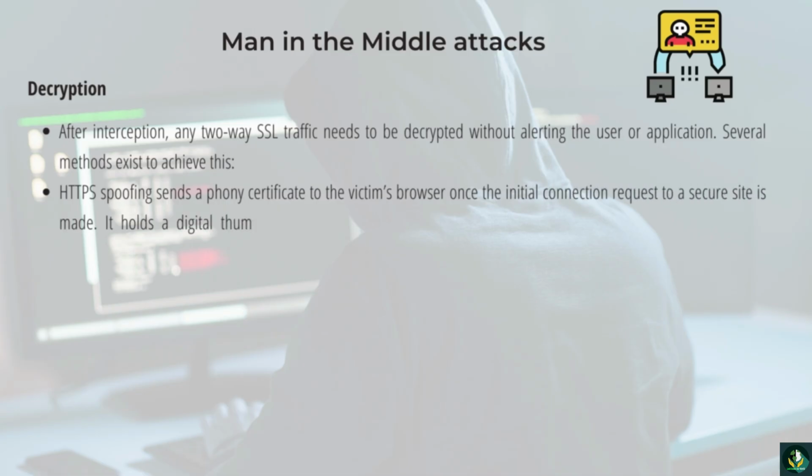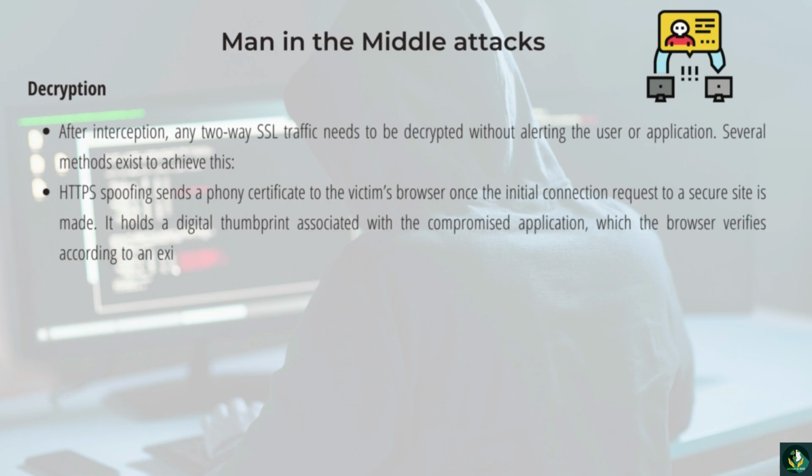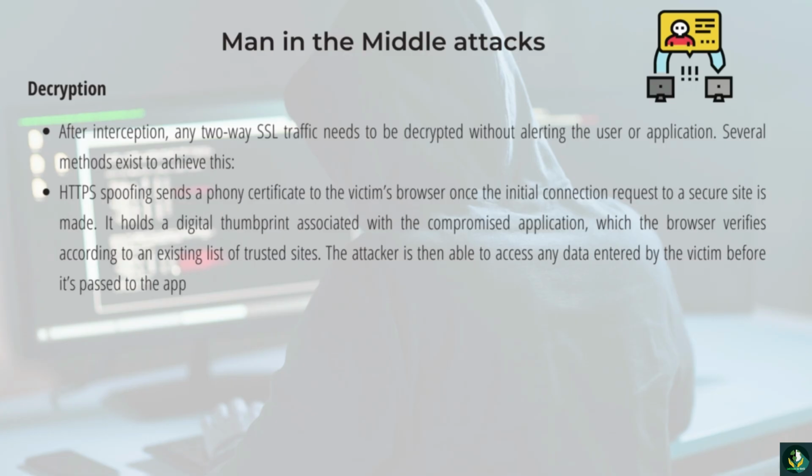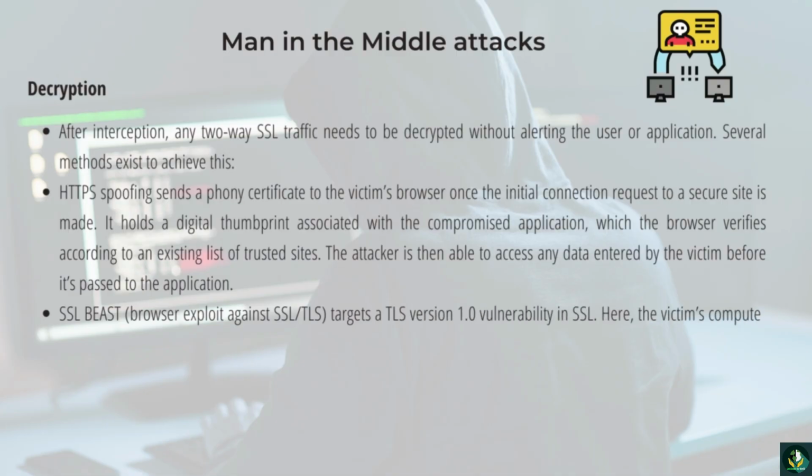It holds a digital thumbprint associated with a compromised application, which the browser verifies according to an existing list of trusted sites. The attacker is then able to access any data entered by the victim before it's passed to the application.